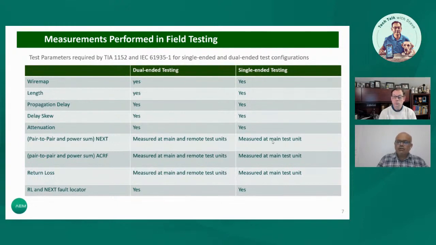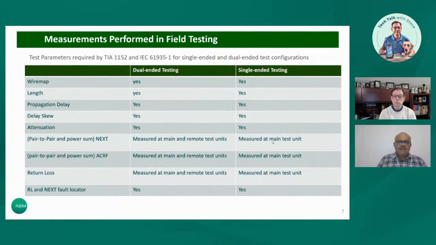So if you have a need to measure from both ends, you can still do it, but you have to take the NSA unit to the remote end, connect the terminator at the main end, and then perform a second test if you really need to assure NEXT measurements from both ends. So it then will include two measurements.